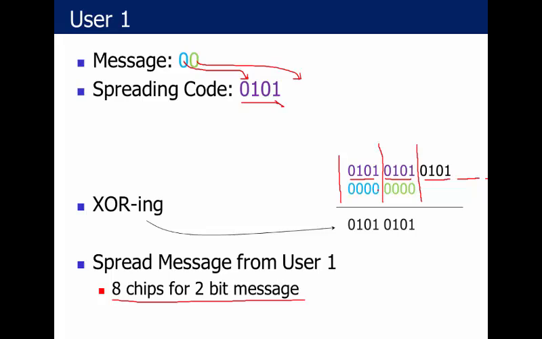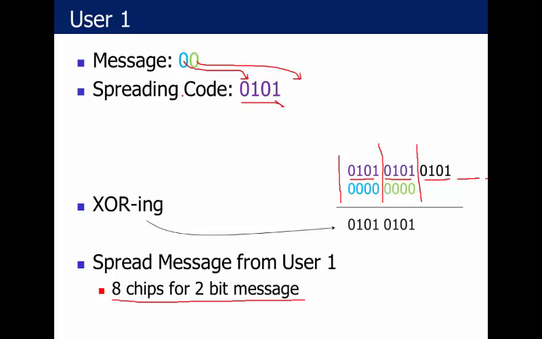So the first 0 is mixed with that, and another 0 is mixed with that. We apply exclusive OR bit by bit. Then 0 0 means 0 in exclusive OR. 1 0 means 1, right? 0 0, they are the same, so 0. 1 0, that is 1.